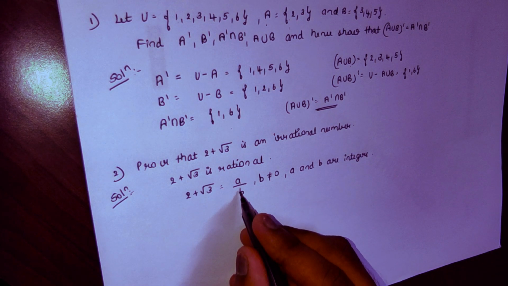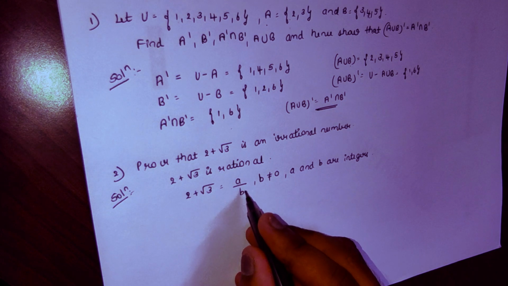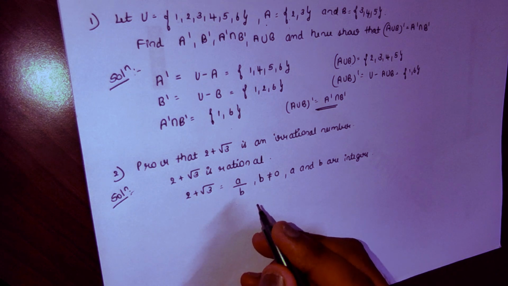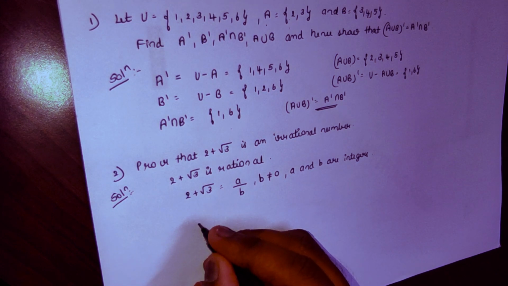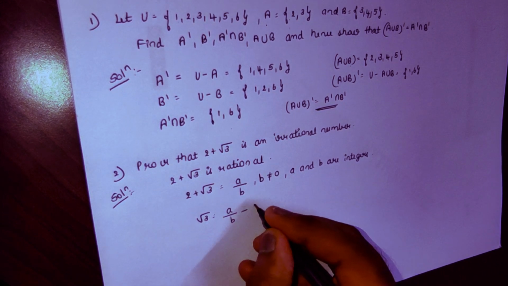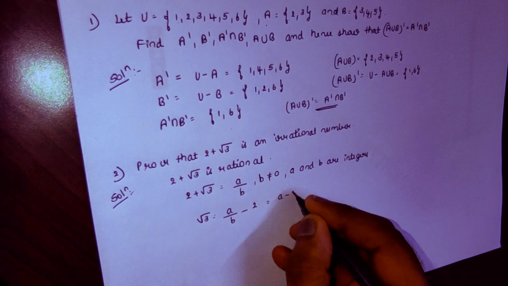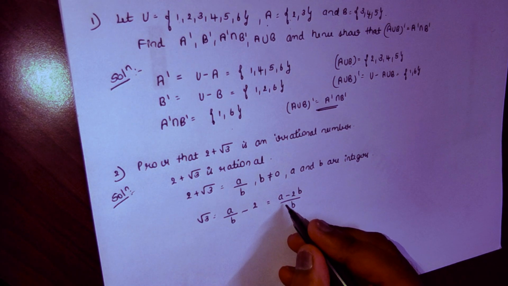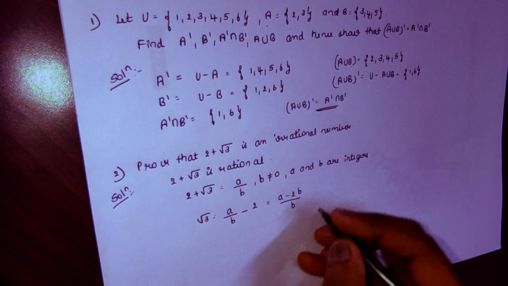So this becomes root 3 is equal to a by b minus 2, that is equal to (a minus 2b) by b. Now (a minus 2b) by b is rational.